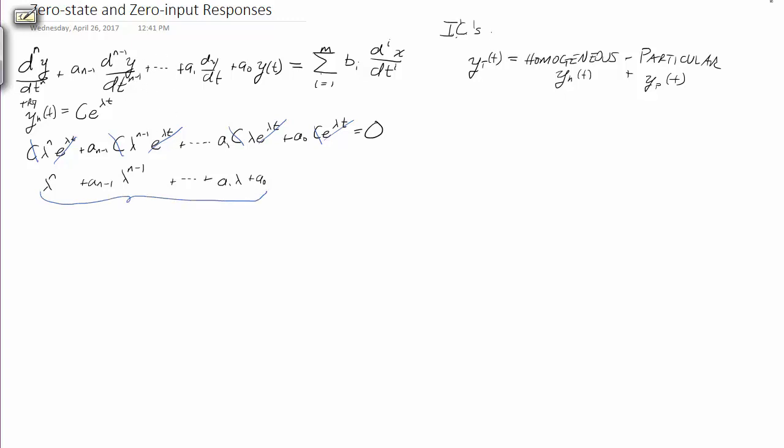That is, if you change the system, it will change. So it's called the system characteristic polynomial. And if we bring down this equals 0, then it becomes the characteristic equation.